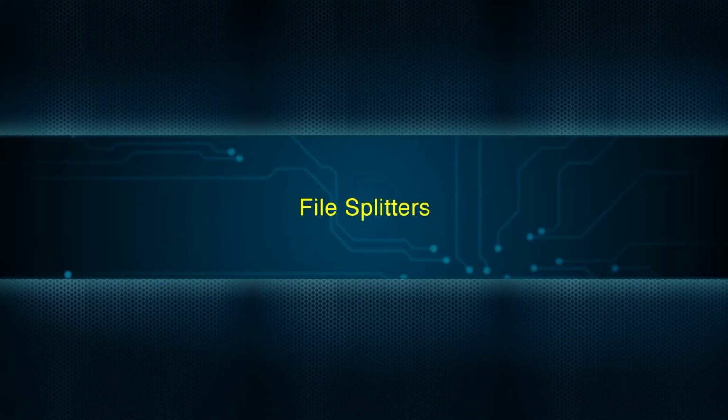File splitters. File splitters are programs that allow us to break a file into smaller pieces in order to store or send files. File splitters often come in handy because many online storage services, including email attachments, limit us to a specific file size that can be transferred at one time, even though files often exceed these limits.